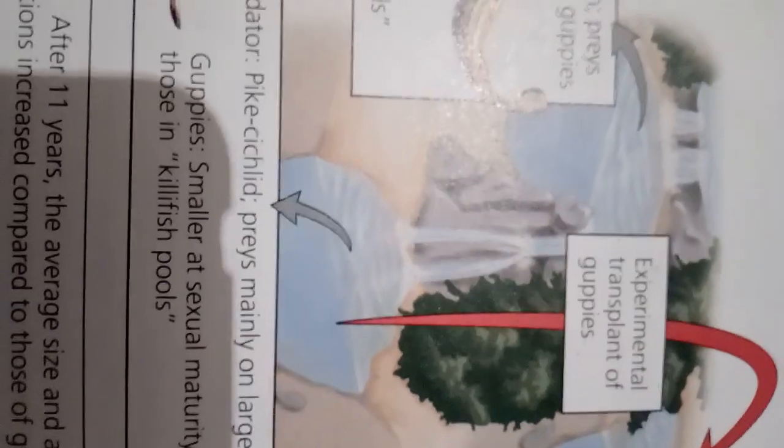The guppies with greatest reproductive success in these pools are those that mature at a young age and small size, enabling them to produce at least one brood before growing to a size preferred by the big cichlids.